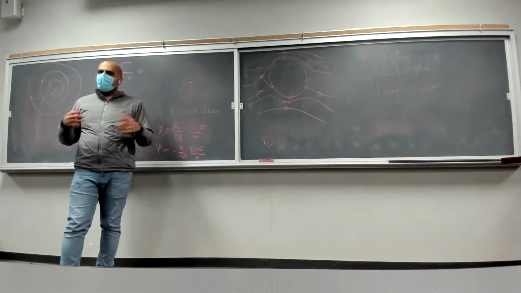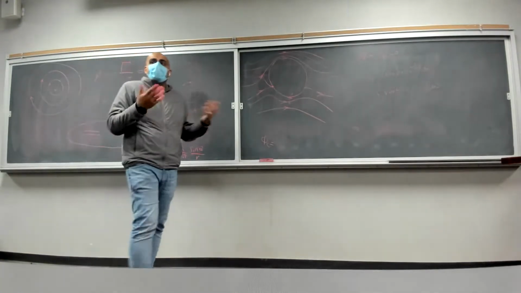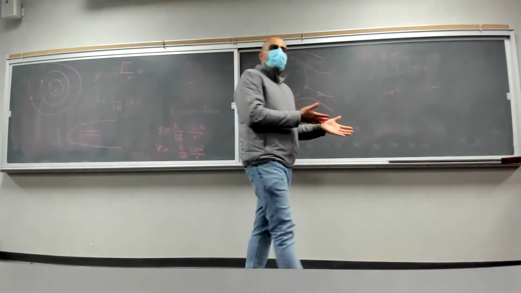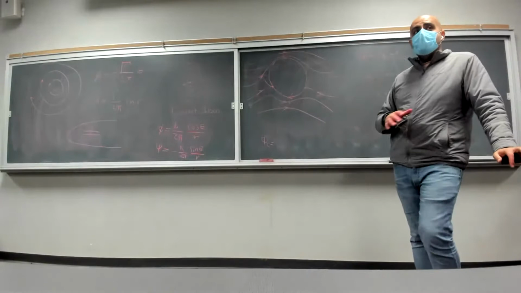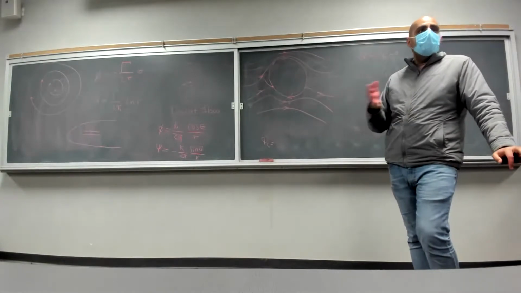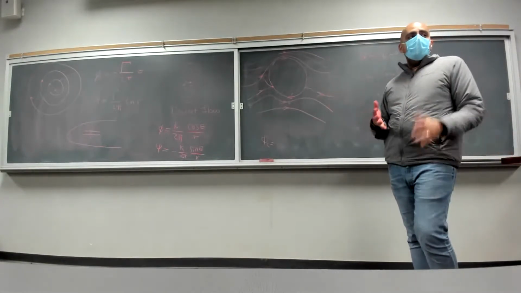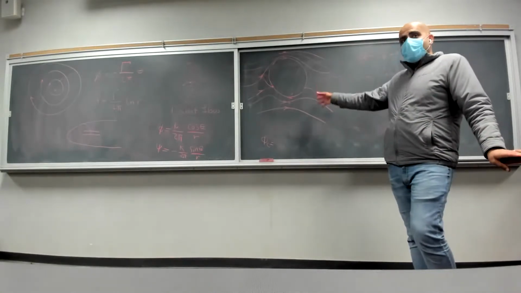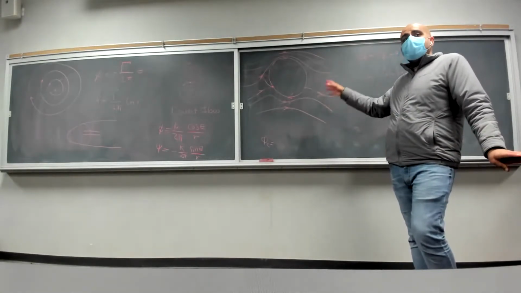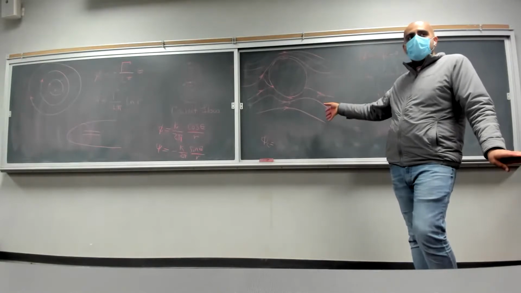The only means a rotating cylinder can tell the flow that I'm rotating is through friction, right? So if the friction does not exist, it doesn't really matter. It will be just the same as the flow past a stationary cylinder. So the reason flow sees the rotation is because of friction.